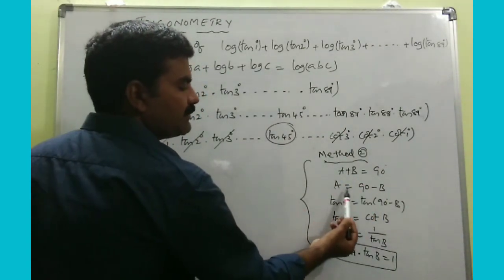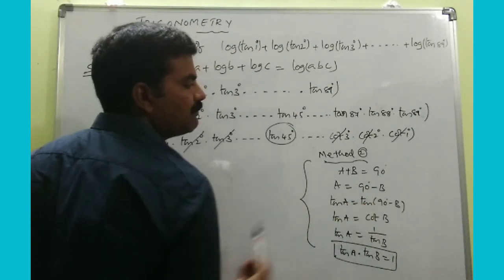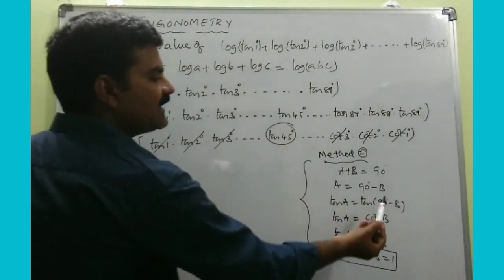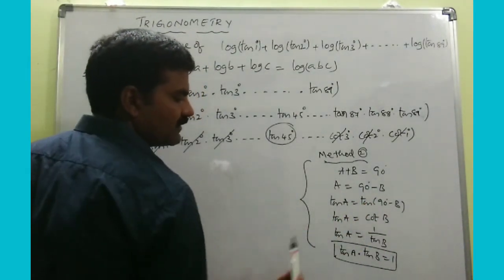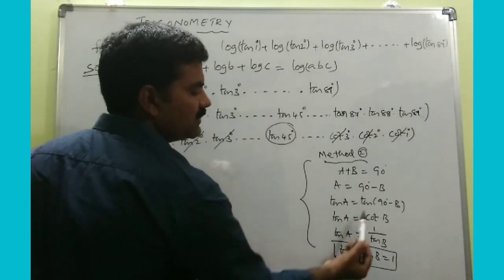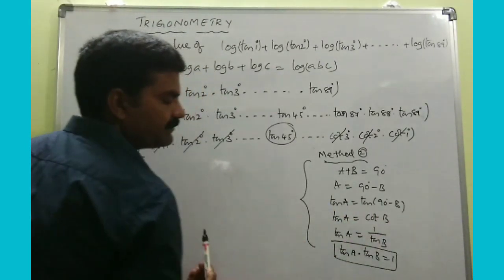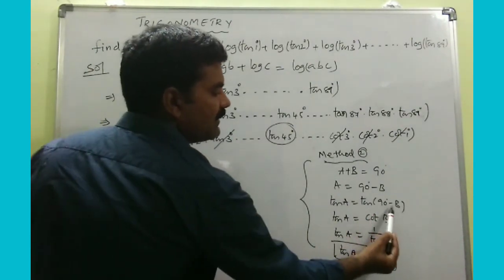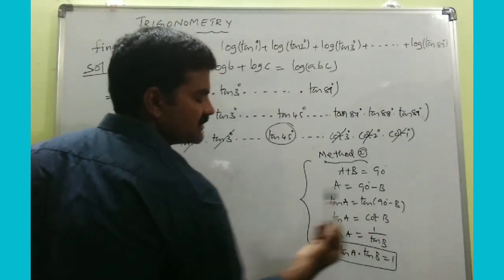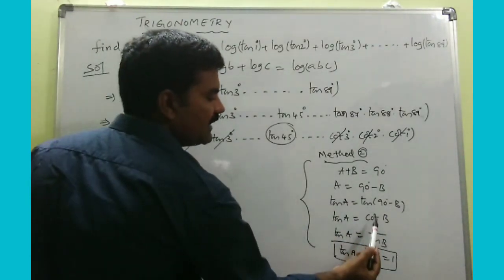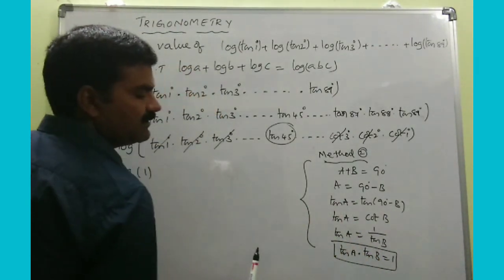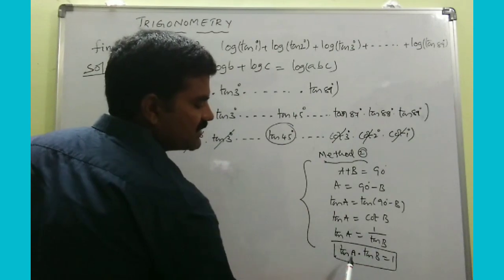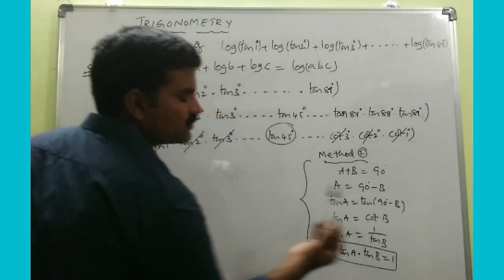Hence I can write A is equal to 90 degrees minus B, and apply the tan ratio on both sides. Then tan A is equal to tan of 90 minus B. Because of 90, tan changes into cot, and 90 minus theta is in the first quadrant, hence positive. And finally cot B I can write as 1 by tan B. Then on cross multiplication, tan A into tan B is equal to 1.